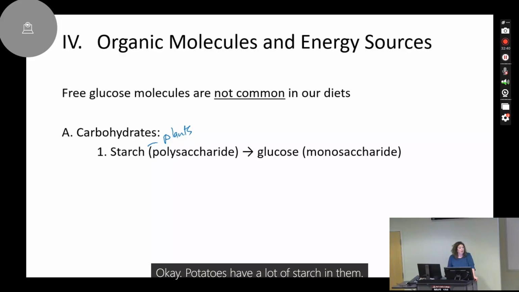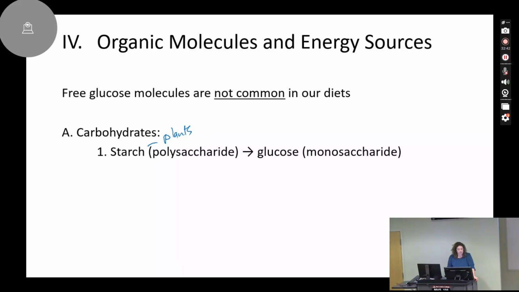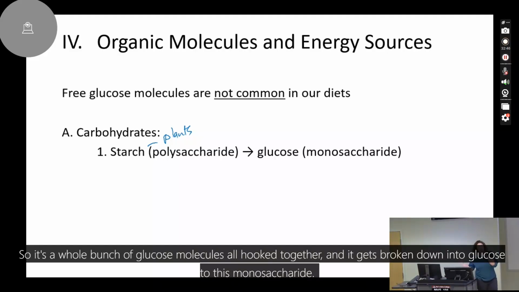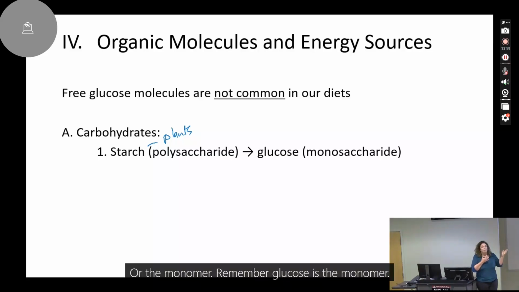Potatoes have a lot of starch in them. And it's a polysaccharide, so it's a whole bunch of glucose molecules all hooked together. And it gets broken down into glucose, this monosaccharide, the monomer. Remember, glucose is the monomer.